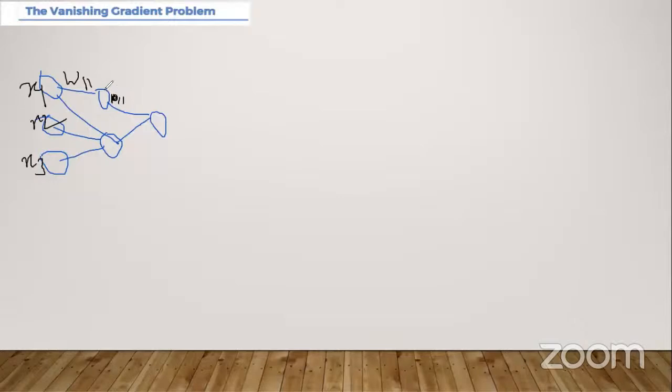Correct? And then after O11, I am getting the output here as O21. Similarly, we have other ones as well. This is, let's say, O12, and this is the second layer, after that the output layer, where we are getting our Y hat.